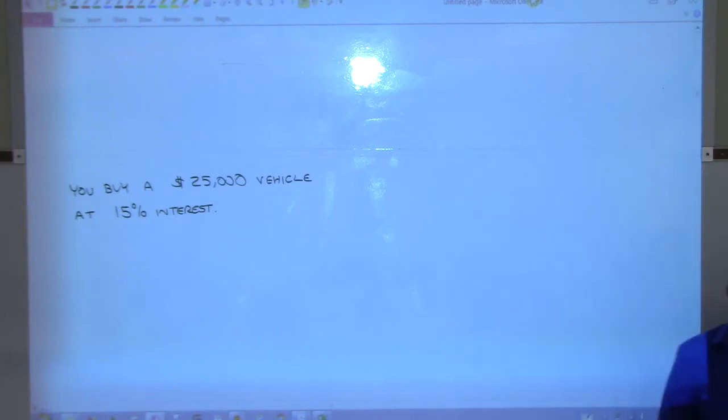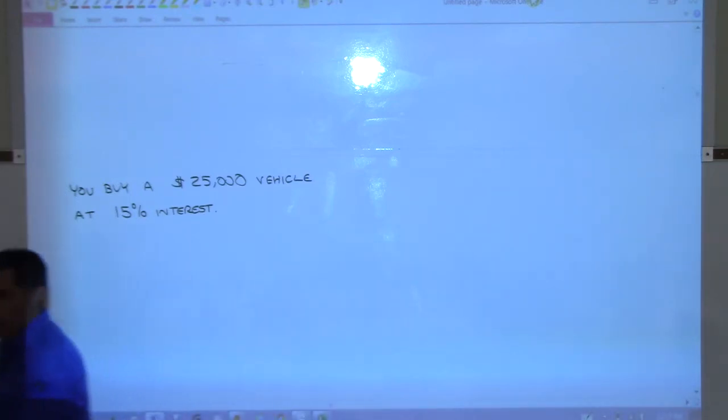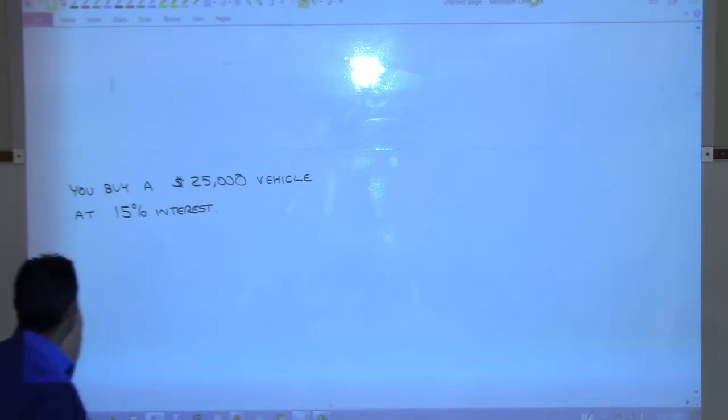What we're going to do here is assume that he's not going to make a payment for a while, just to see how much this debt would grow if he didn't make any payments. Now, he has to make payments, but we're just going to take a look at how fast this debt will grow. So you buy a $25,000 vehicle at 15% interest.